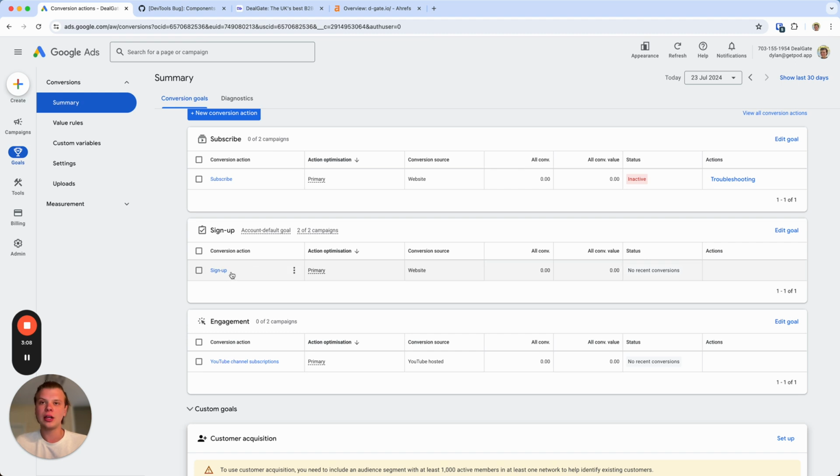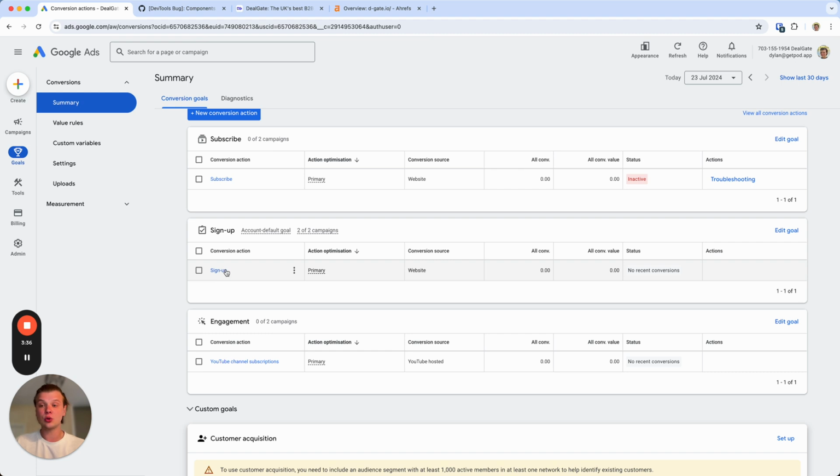So the easiest to achieve conversion event that you would consider to be a meaningful action towards your business. So a sign up in my case is somebody giving me their email and phone number and creating an account, but not necessarily converting and actually giving me money. That's what a subscribe is, when they actually type their card details in and they become a paying customer. So that's why I have 2 conversion events.